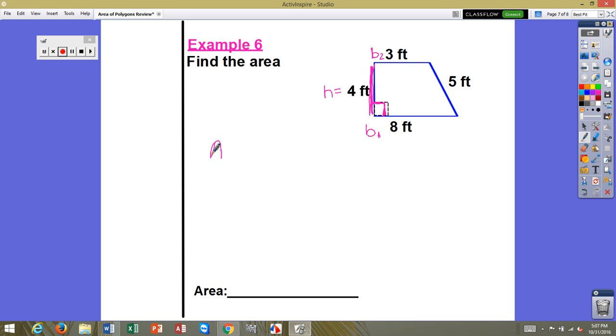Our formula is area equals 1/2 (base 1 plus base 2) times height. We're going to replace our letters with the numbers that we are given in the picture. So 1/2 times (8 plus 3) times 4. Order of operations tells us we need to simplify what's in parentheses first.